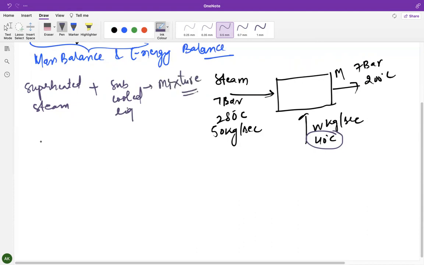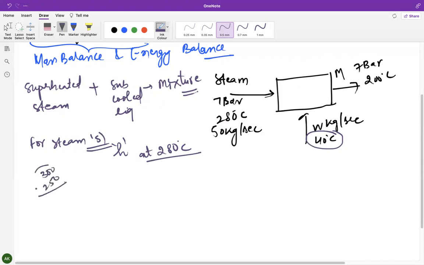Okay. So for the steam, or S for steam, if we calculate the value of H at 280 degrees Celsius by the interpolation method, we have values available at 300 and 250. I hope you know how to do the interpolation.